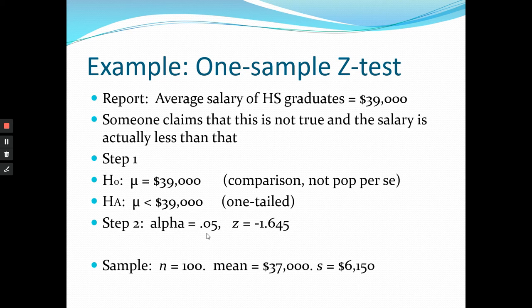That's the small area on the extreme of the normal curve that we shade and say there's only 5% of the scores there. And the line of the z-score that crosses that is 1.645. It's negative 1.645 if we say that something's less than. So this one, HA, was less than. Or if we say it's more than, it's going to be a positive 1.645. But it's always going to be 1.645.